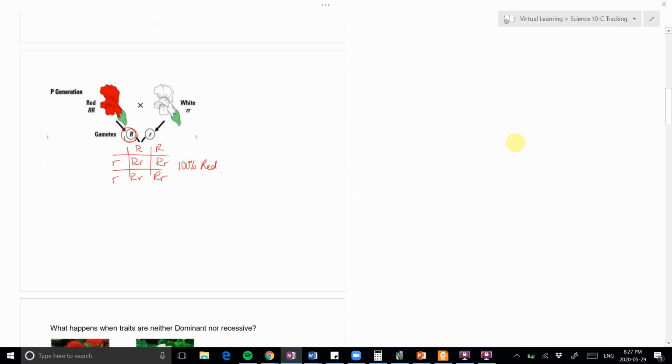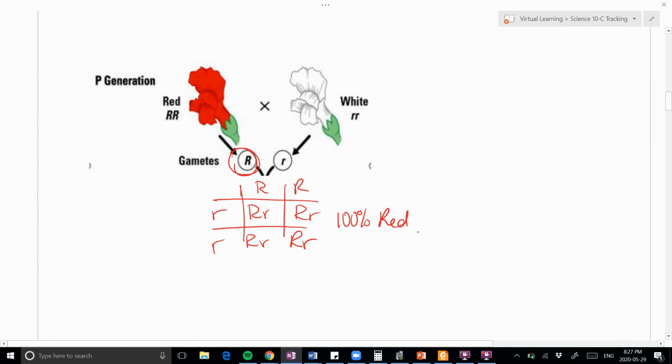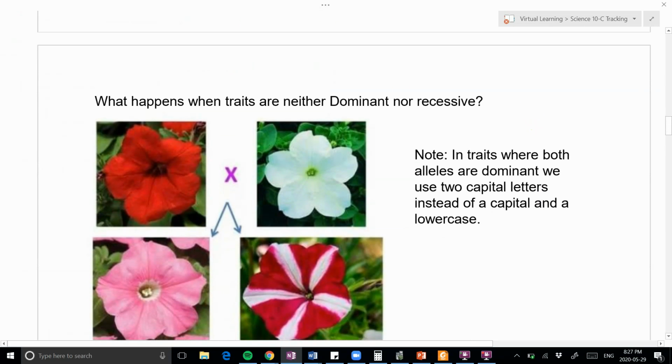So what we want to look at today is what happens if neither trait is recessive or dominant? Like, how can that affect how that looks? Because not every gene has a dominant and a recessive allele, right? Not every combination works that simply. And so today we're going to look at what happens when neither are dominant or recessive.